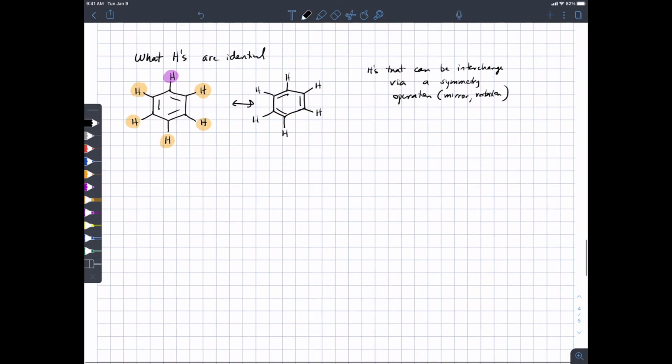Okay, let's make it slightly more challenging. Let's do the following simple molecule. By slightly more challenging, I mean ever so slightly. How many different kinds of protons do I have there?